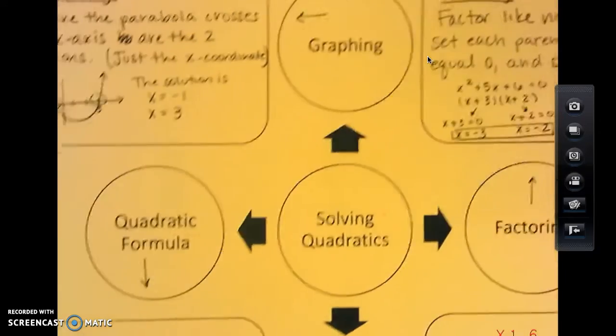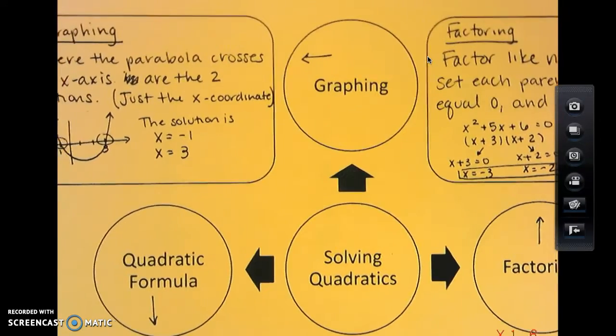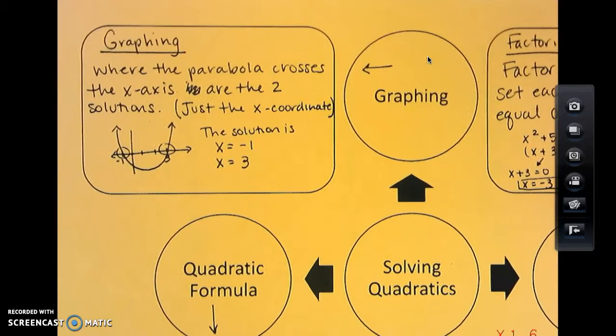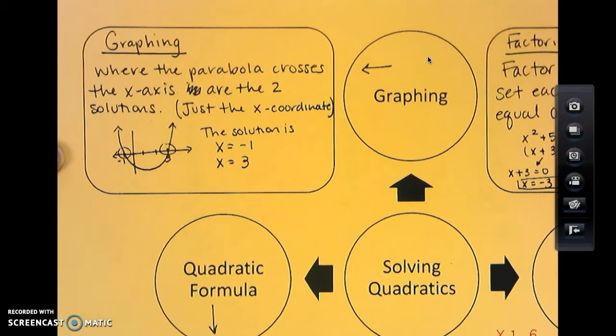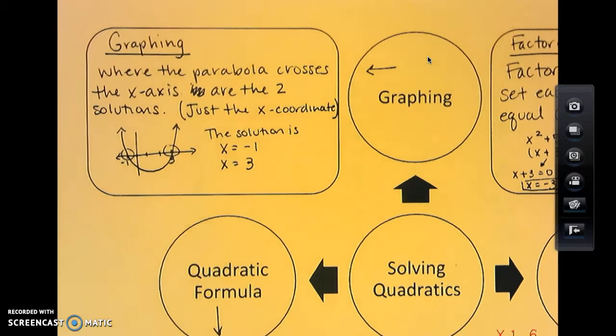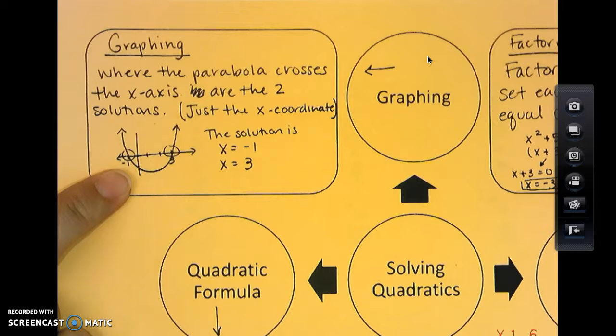All right, so solving quadratic equations, we have 2 ways that we've been working on. One is by graphing, and I'm going to show you a really cool online tool for that. With graphing, where the parabola crosses the x-axis are the 2 solutions. Here's a little picture of that example.